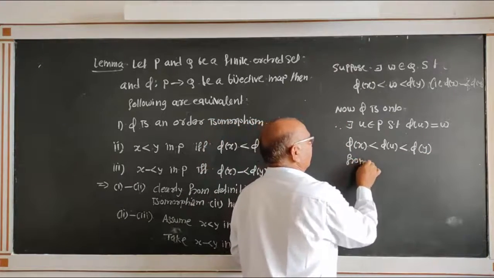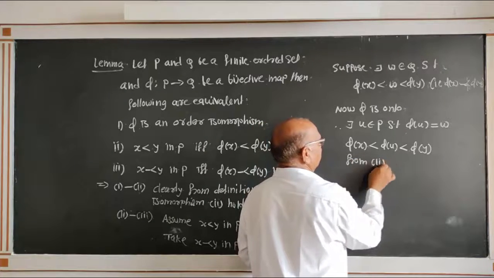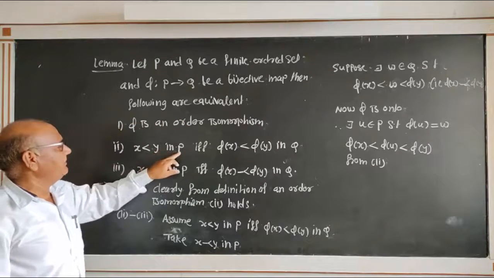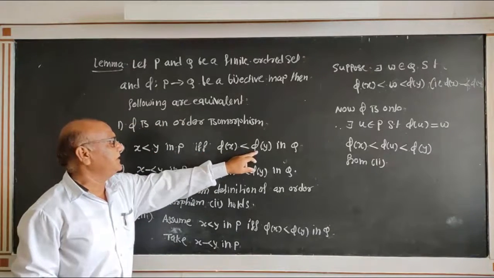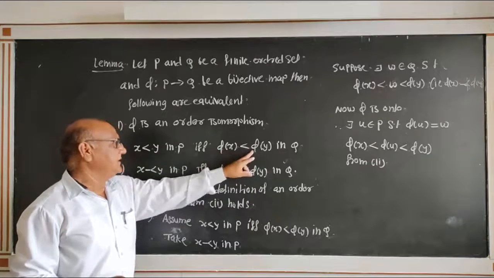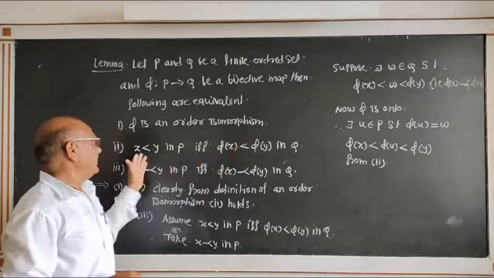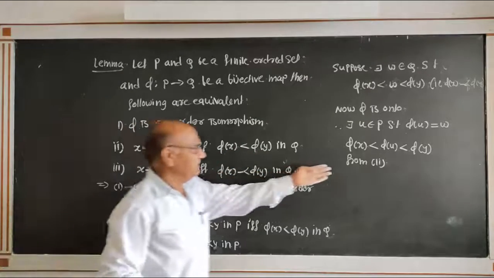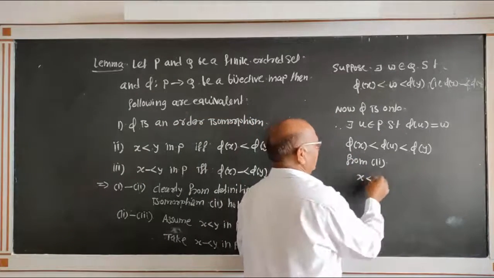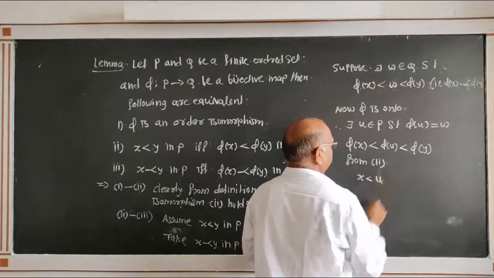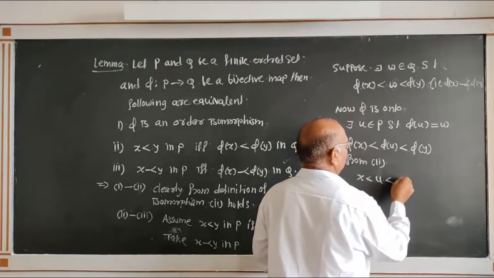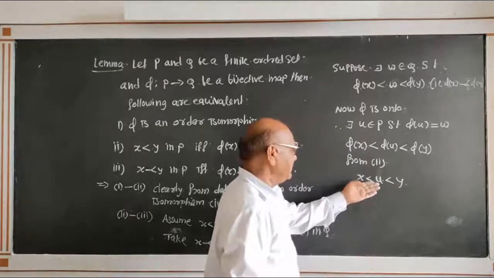From second, x is related to y in P if and only if phi(x) is related to phi(y); since phi is onto, this gives x < u < y. And this is a contradiction.